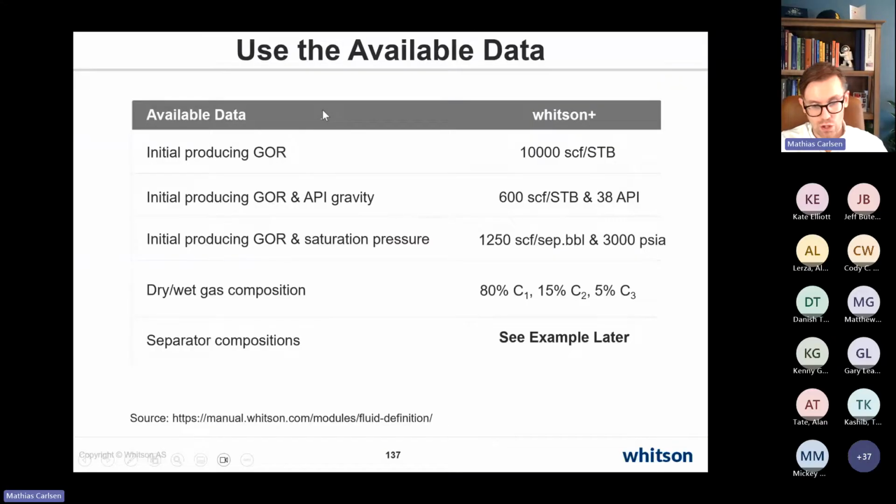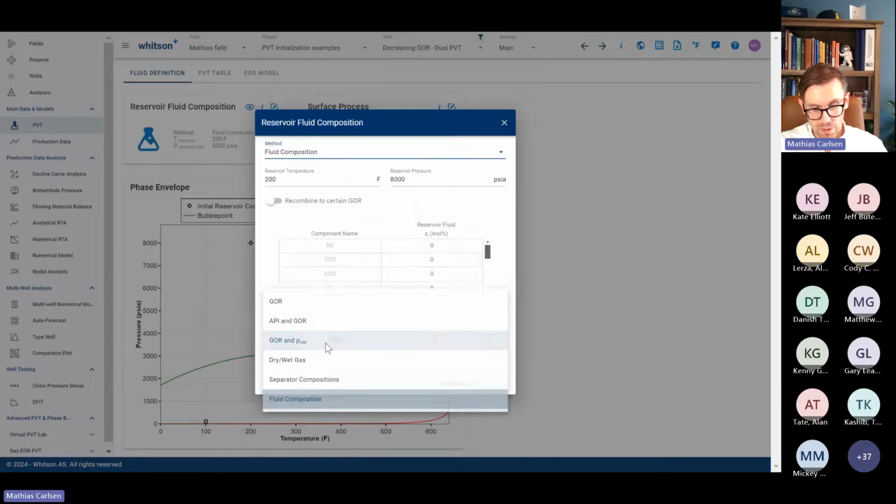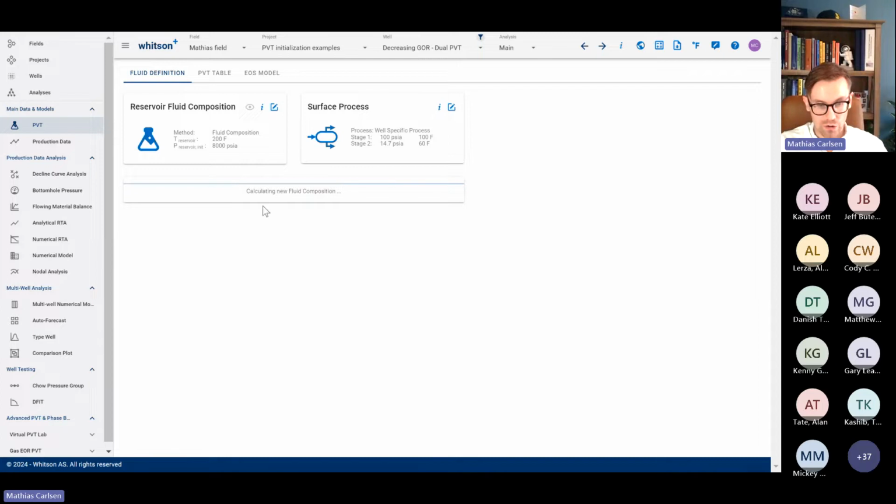And if I also show you an example of, okay, if I have a dry or wet gas composition, I could use the so-called fluid composition method, and then I can just input those values directly. That can be like 80, 15, and 5, I think were the numbers, like this. Click save. This would obviously be a dry gas.